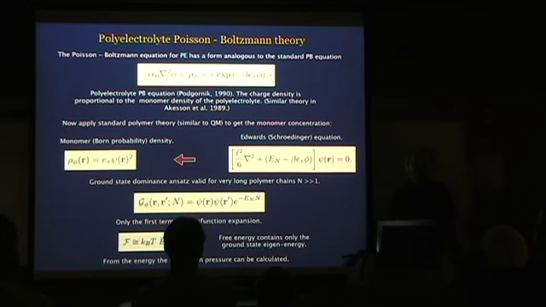Usually this is referred to as the Edwards rotation, meaning that if you take quantum mechanics and do a rotation into the imaginary axis for the time, and you call the time the number of monomers on the chain, you get the same equations. So polyelectrolyte theory has a very nice correspondence with quantum mechanics.